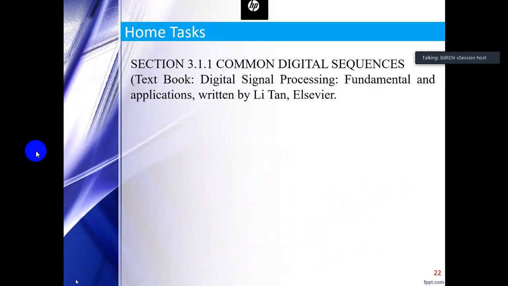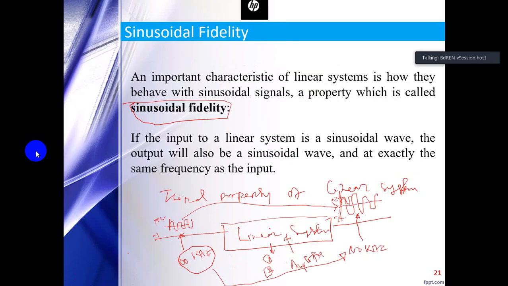So when a system has all these three properties, then the system can be defined as a perfect linear system.